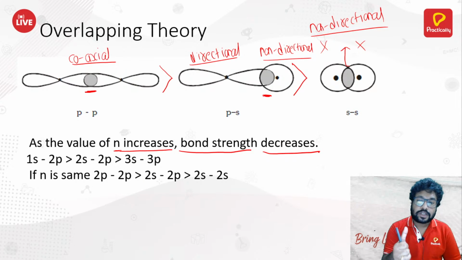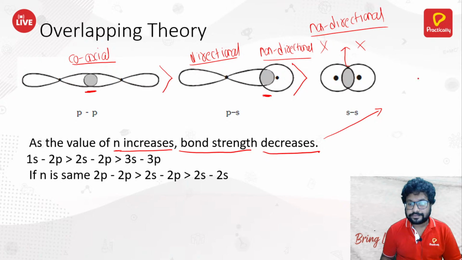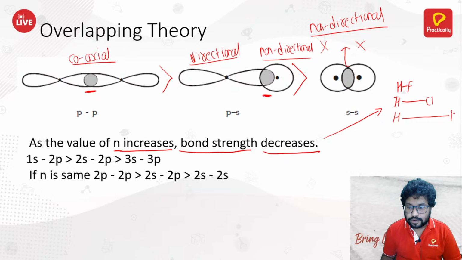The second reason for that is the distance. For example, look here, hydrogen, fluorine, this is the bond distance. Okay, now this is not exact bond distance, I'm just showing you for example. If you take hydrogen, fluorine, it would look like this. If you take hydrogen, bromine, it would look like this.